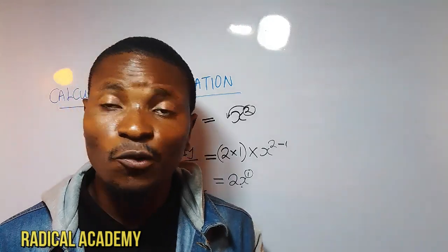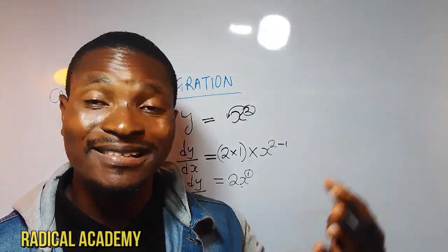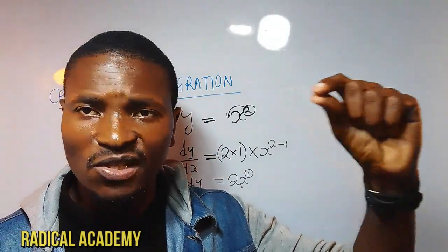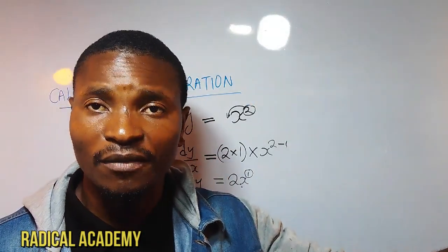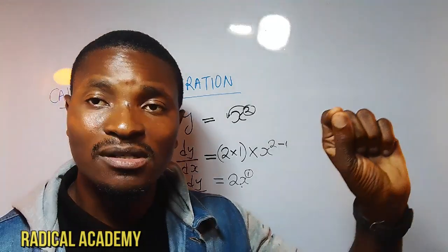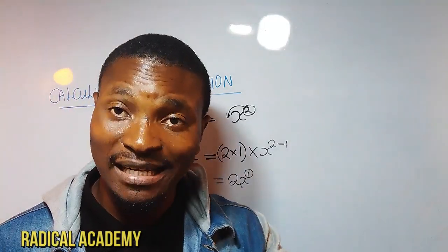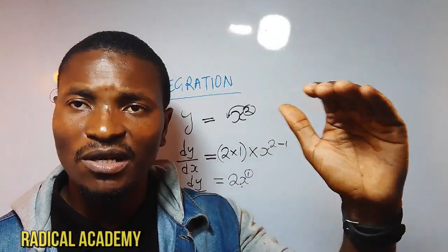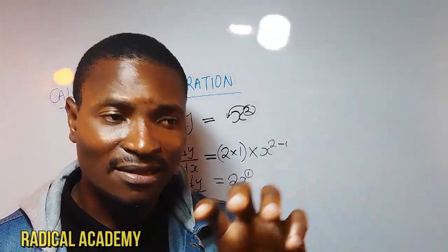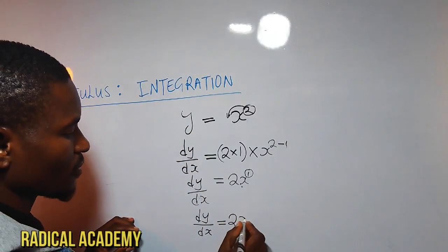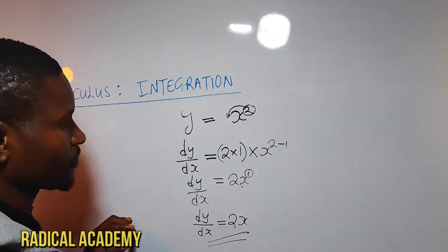Anything raised to the power 1 is that thing, okay? If you have 1,000 raised to the power 1, I'm just going to get 1,000. If you have, for example, 10 to the power 1, I'm just going to get 10. So anything raised to the power 1 is that thing, okay? So it's just going to be 2x.